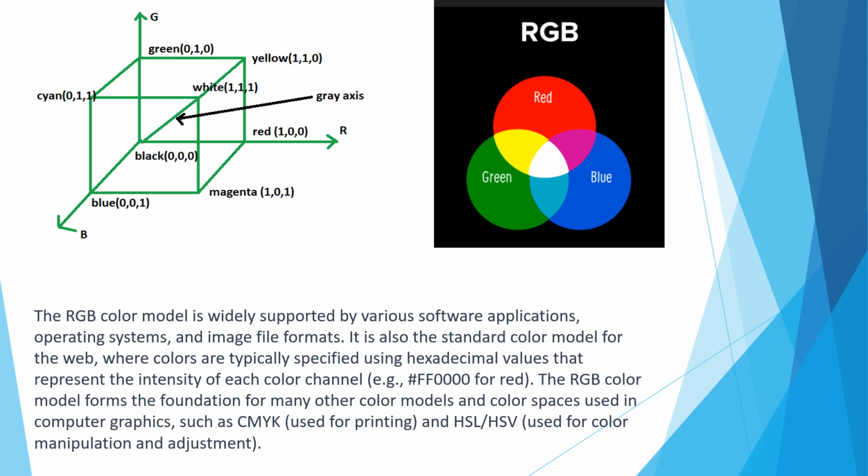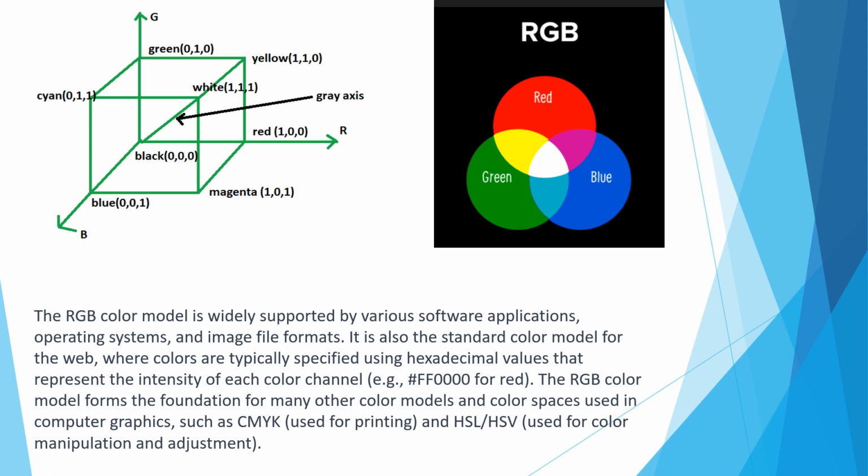Here we can see the color model of RGB where red, green, and blue colors are used as primary colors, and all the other colors are obtained by them. And when three of them have equal intensity, we obtain the white color, and absence of them results in the black color, which we can see in the figure.